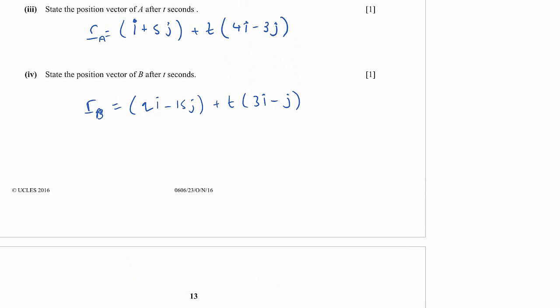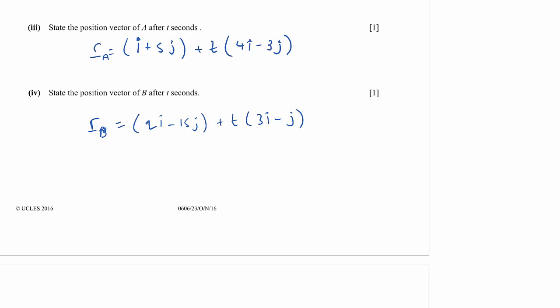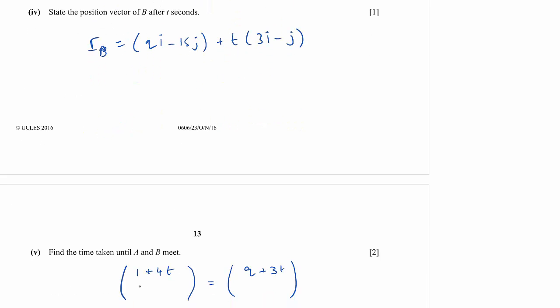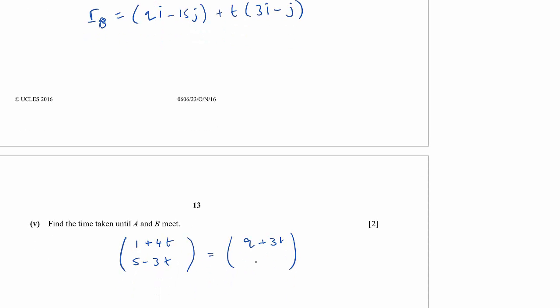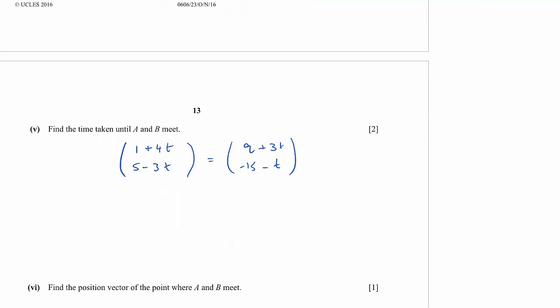And then the j components is 5 minus 3t, and negative 15 take away t. So when they meet, looking at the j component, we'll have 5 minus 3t is equal to negative 15 take away t.